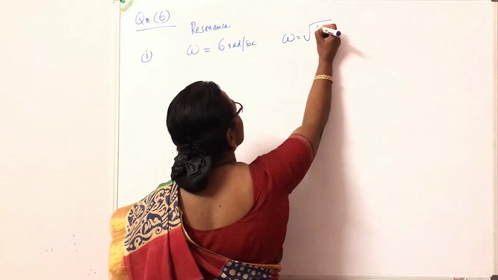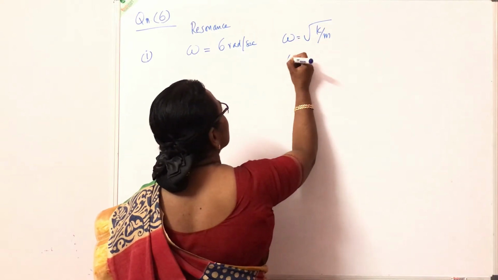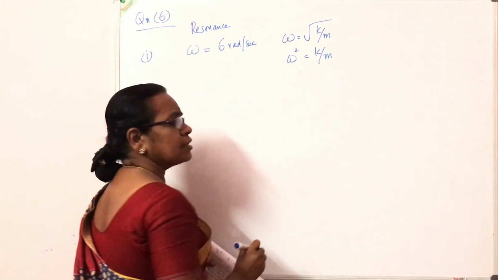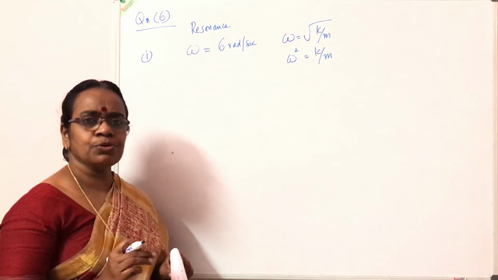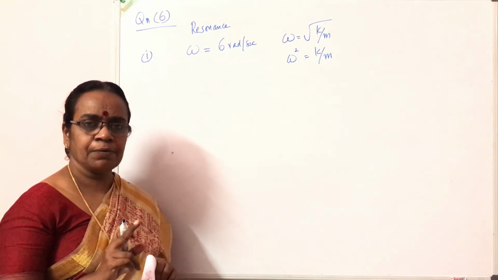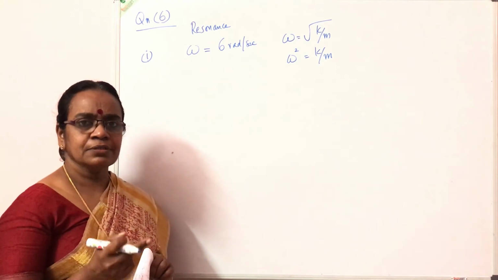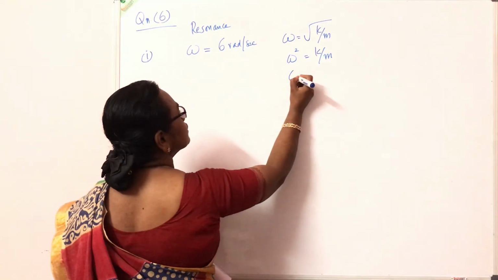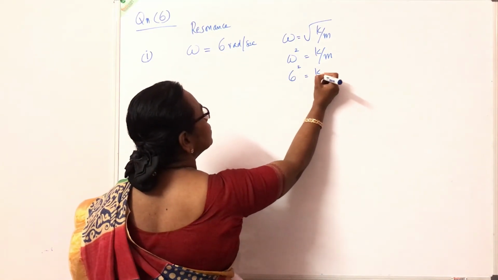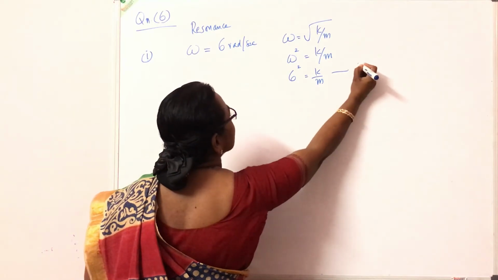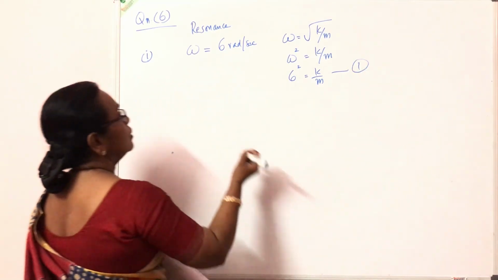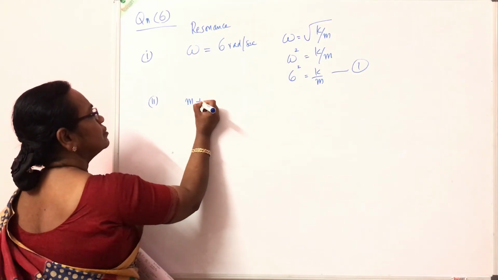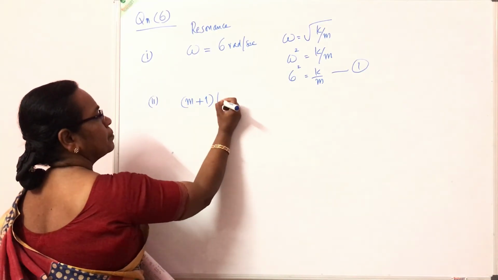Omega is equal to root of k by m, or omega square is equal to k by m. So case 1, to start with, let us assume the stiffness of the system is k and mass of the system is m. So substituting here, I can write 6 square is equal to k by m. So we have to find out k and m. And next case, the second case, the mass is increased by 1 kilogram.